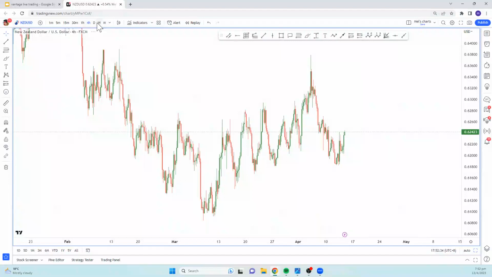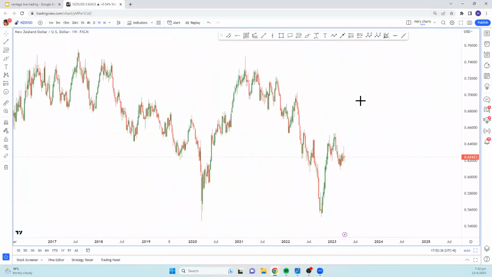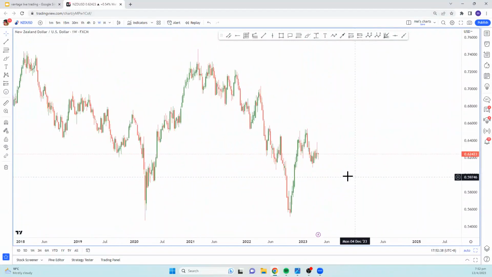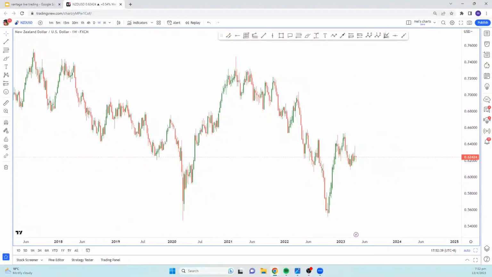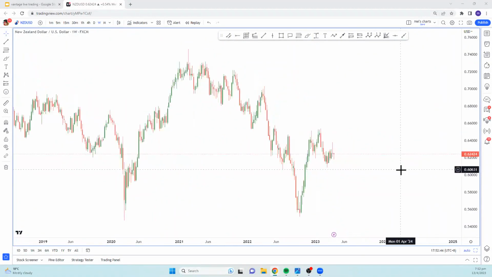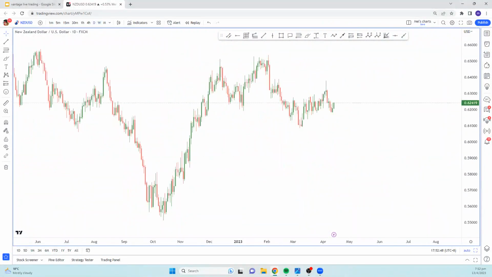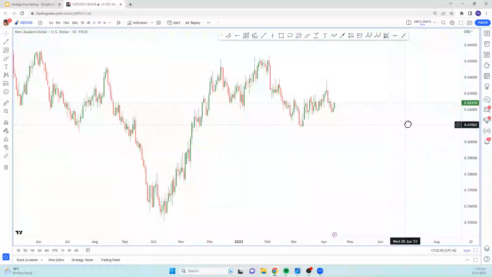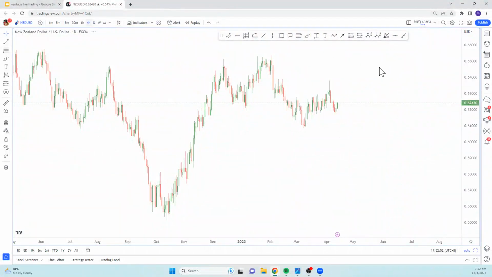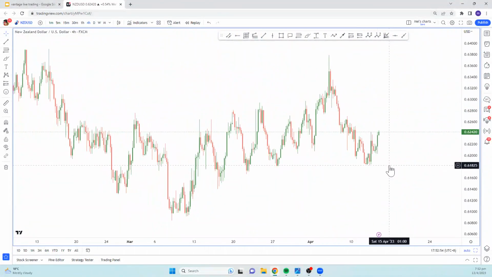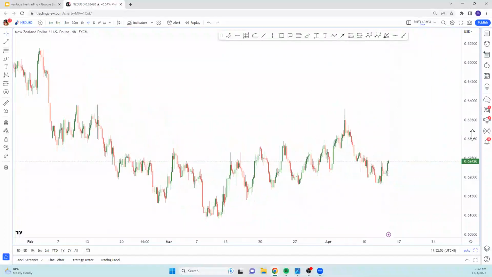Same thing, let's take a look at our weekly time frame. We can see price is kind of trending as well. And on our daily time frame, and the 4 hours. Let's just analyze on our 4-hour chart.